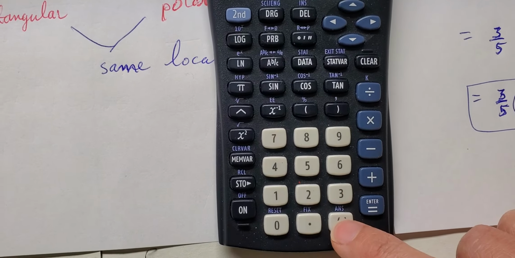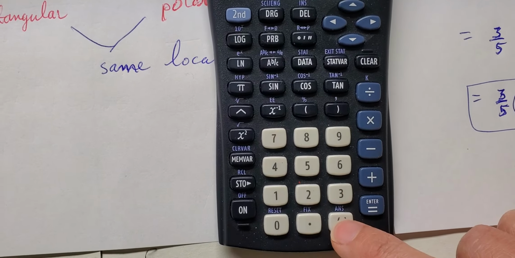This is the subtract, this is the negative. Press that button, there's the negative. Put the 1 in, and now divide by square root 3. Square root is second, this button. Put the 3 in.